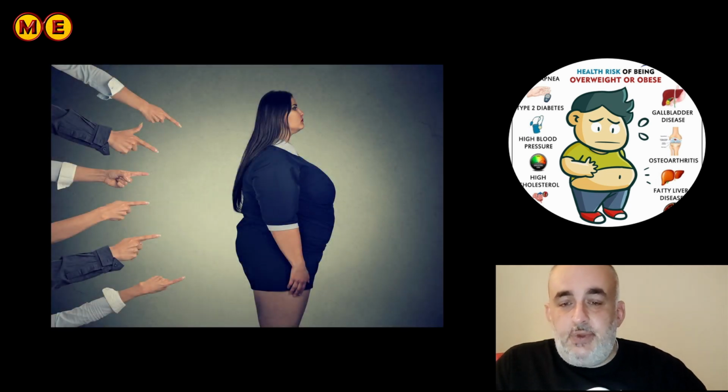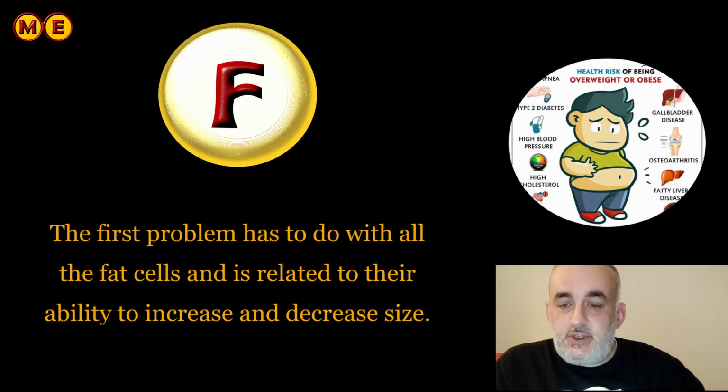If we leave aside the biggest and most obvious problem that overweight people are not sexy, attractive and welcomed in today's society, and we focus just on purely health issues, then the first problem has to do with all the fat cells and is related to their ability to increase and decrease size.